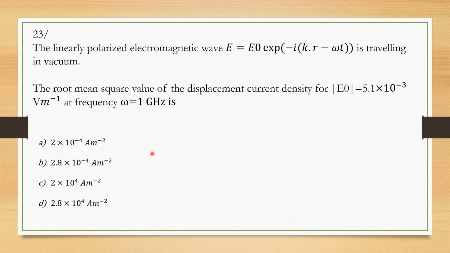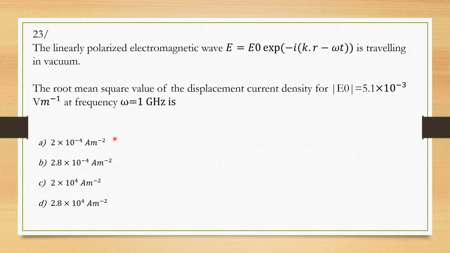Then here is the third question: the linearly polarized electromagnetic wave E equal to E naught exponential minus i (k dot r minus omega t) is traveling in vacuum. The root mean square value of the displacement current density for E naught equal to 5.1 into 10 to the power minus 3 volt per meter at frequency omega equal to 1 gigahertz is.